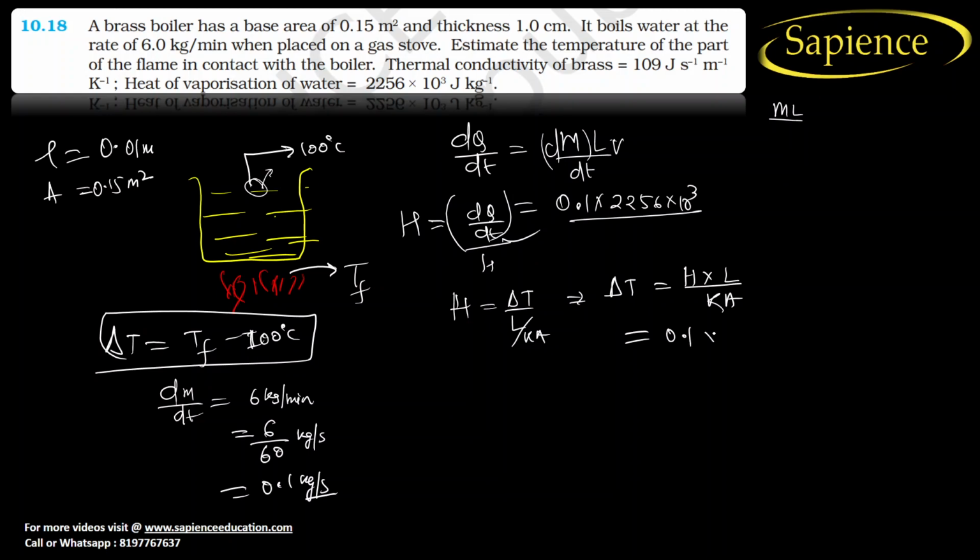So this will be 0.1 into 2256 into 10 to the power 3 into L. L is the length, so this will be 0.01, divided by thermal conductivity of the brass, that is 109, into area is 0.15.